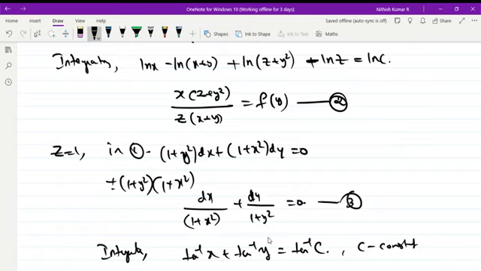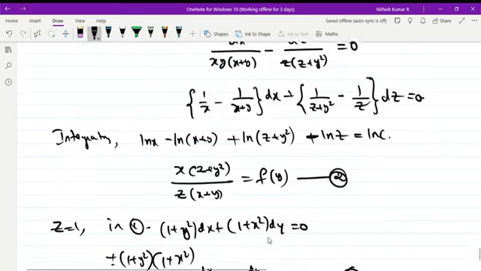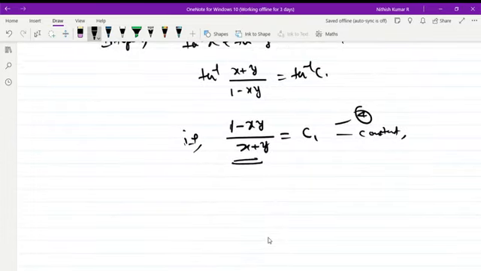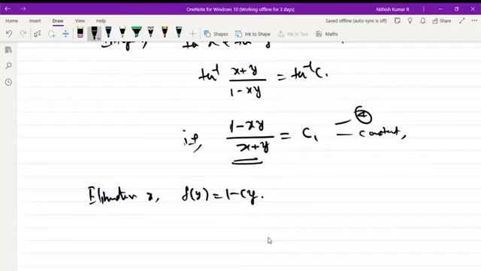So therefore equation 2 and equation 4 are equivalent. By equating them and eliminating x, we get f of y equal to 1 minus c into y.